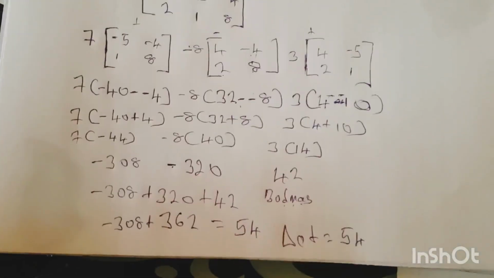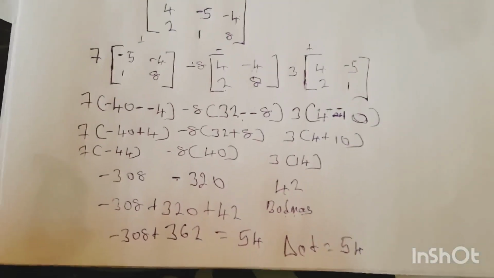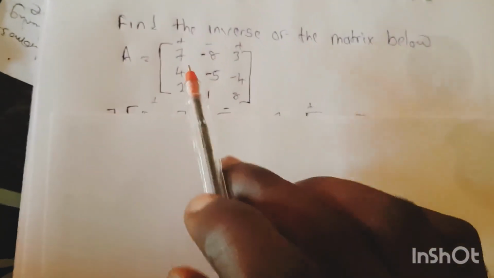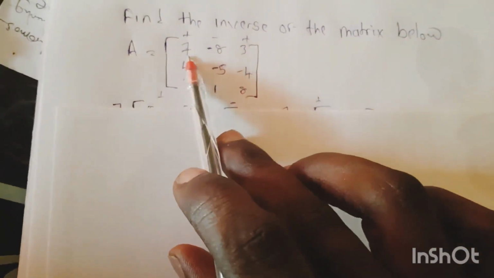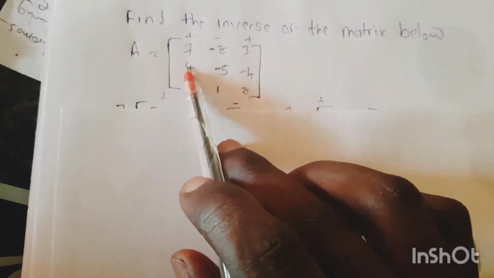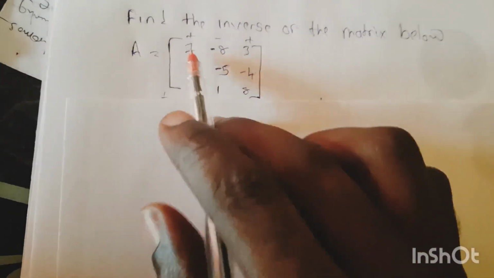Now we've gotten our determinant. What we are going to look for next is our cofactor. Now how are we going to solve for this cofactor? We use this one to strike this one, and strike this.